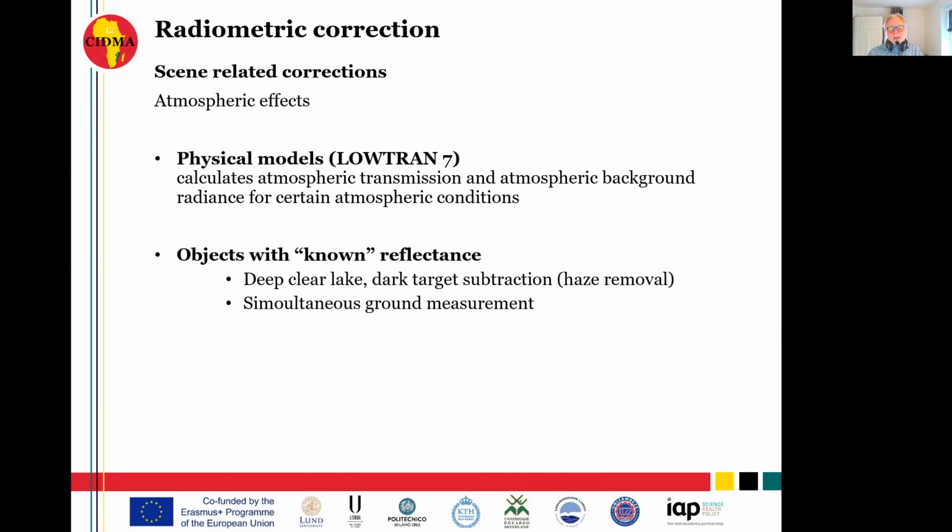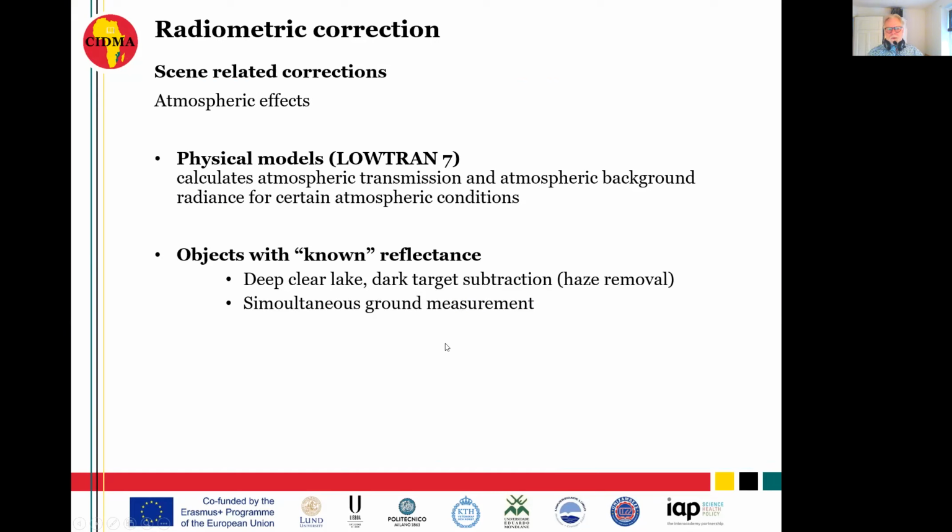And that means I can actually reduce that difference from the whole image. So to take away the change, so this deep clear lake will have the same pixel value between the two images.